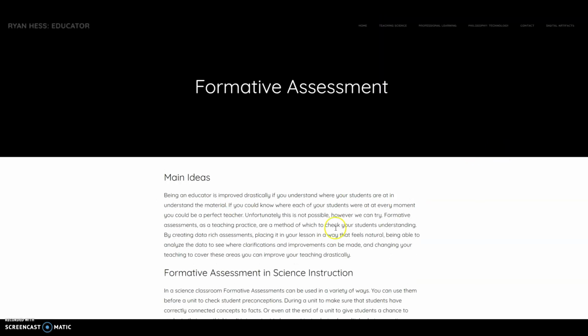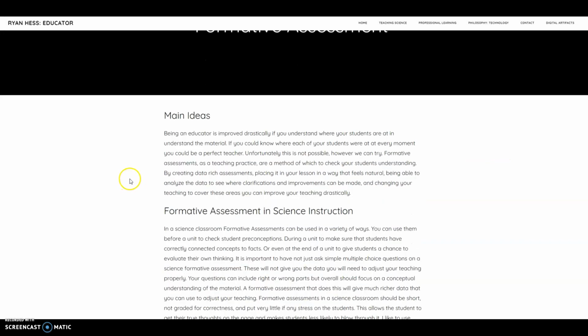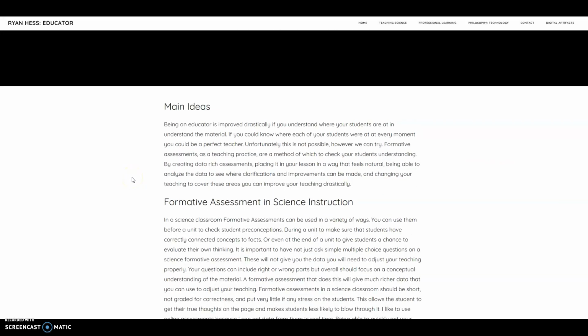Our next practice is formative assessment. Formative assessment generally here is the idea of creating an assessment in order to get students' understanding.